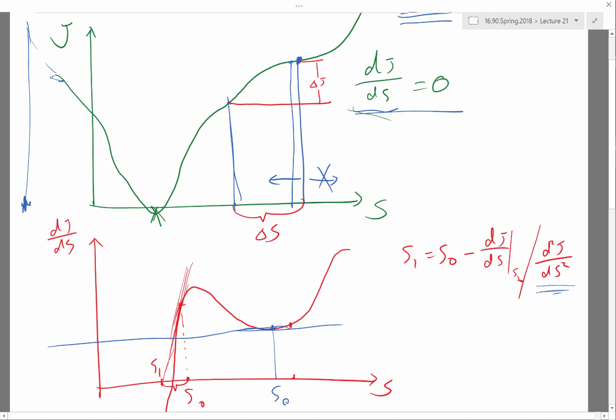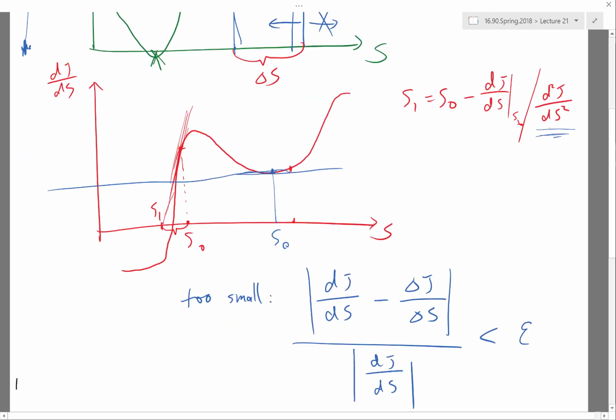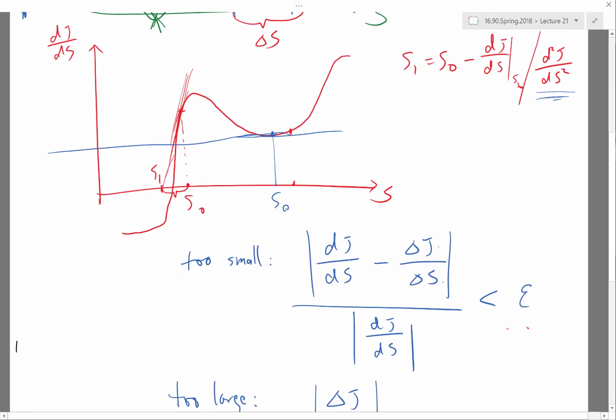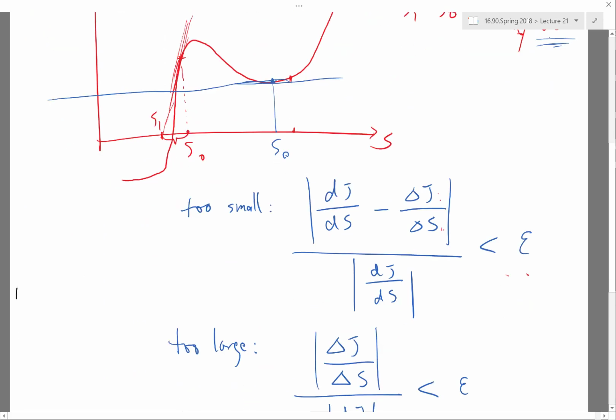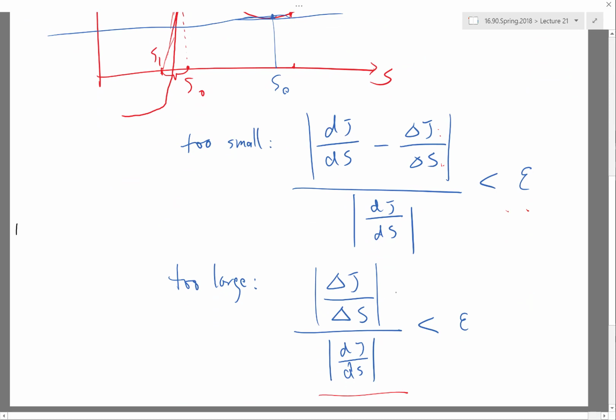So you have stepped over delta s, and you find your objective function to have changed by delta J, right? So this being too small means the finite difference is very close to the derivative, while this being too large means the finite difference is actually much smaller than the derivative.